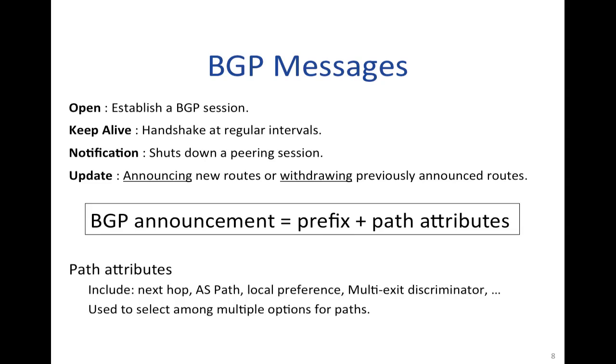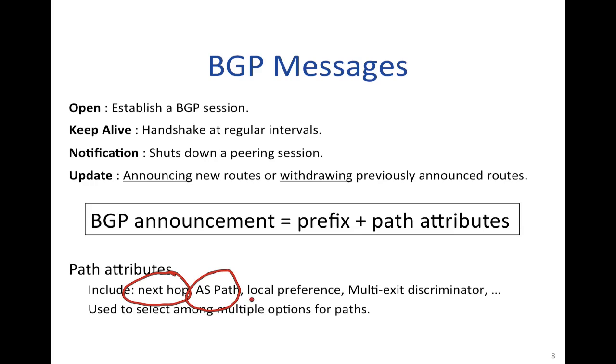So the path attributes are the next hop information, where you go in order to be able to use this. In other words, who it is that's advertising this particular path to us. The particular AS path, so that's the sequence of ASs that you would go through.